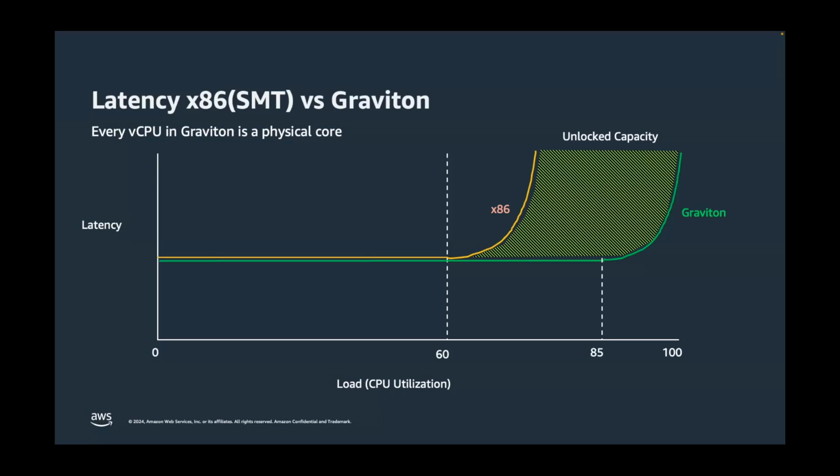However, for Graviton instances, every vCPU is one physical core. So for the same amount of vCPU, you are actually getting more physical cores. And that's why you can increase the CPU utilization and your latency will not suffer.